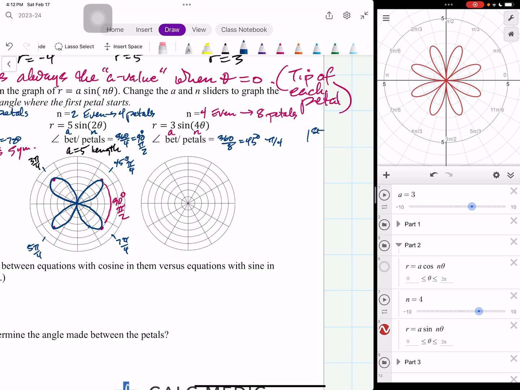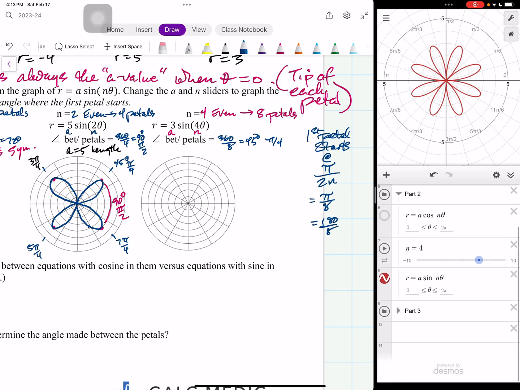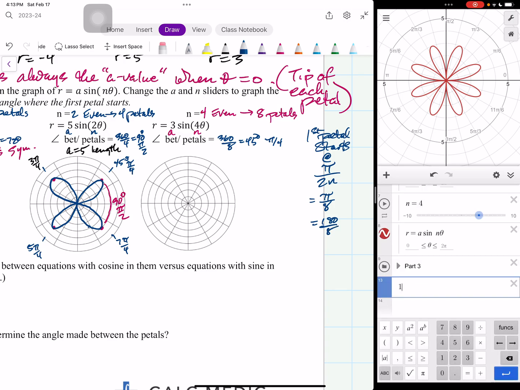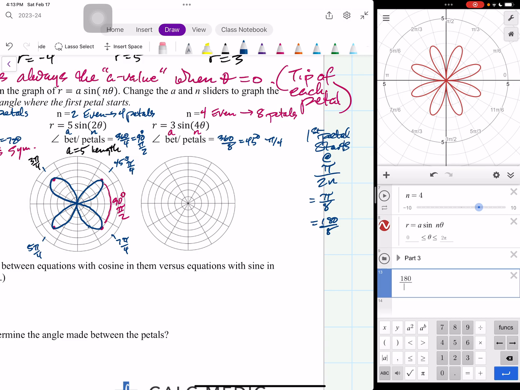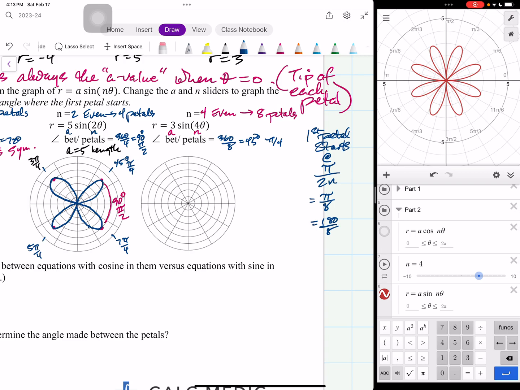So the first petal starts at pi divided by 2n, and n here is 4. So this is equivalent to pi divided by 8. And that's the same thing as 180 divided by 8. What is that? Let's figure that out. 180 divided by 8, that's about 22.5 degrees. So 22.5 degrees.